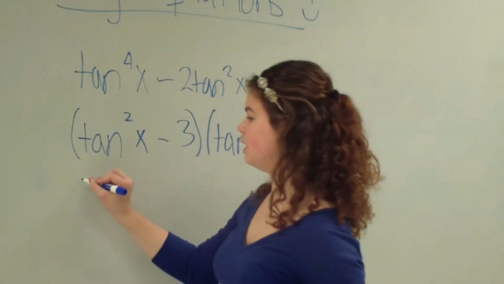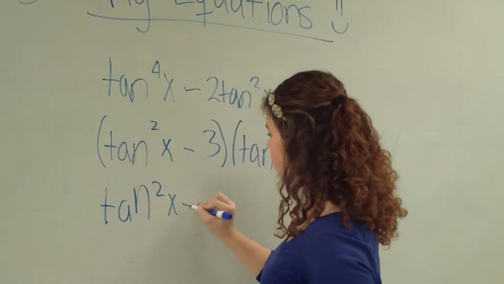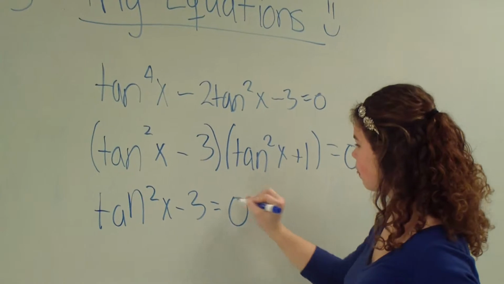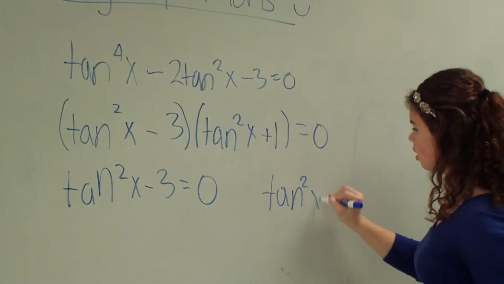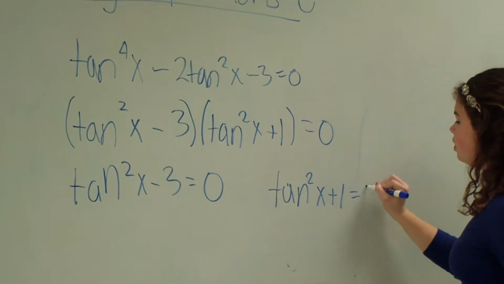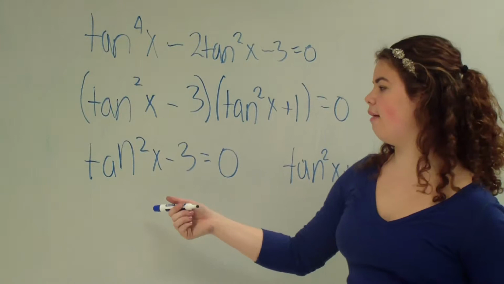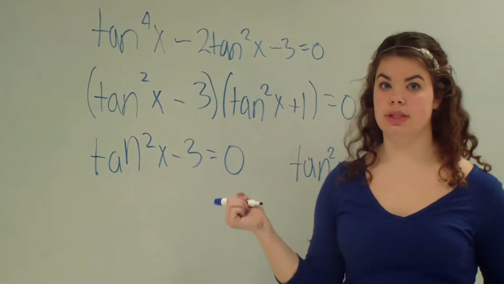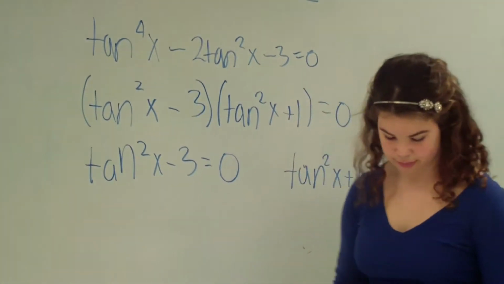Okay, now following the process, we're going to set each of these parts equal to 0. So first we're going to set tangent squared x minus 3 equal to 0, and tangent squared x plus 1 equal to 0. This is a lot like when you work with polynomial equations. Remember, you would have x minus 3 equals 0 and x plus 1 equals 0, only we're still working with tangent.